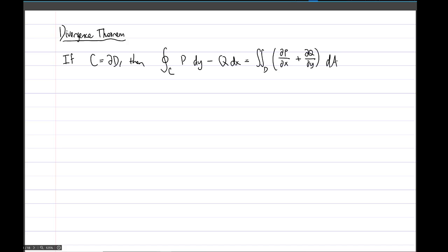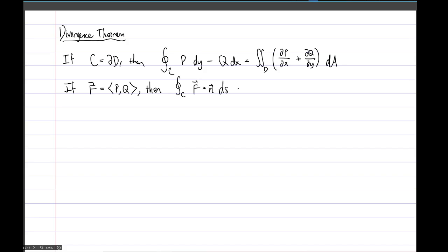Okay, so from one version of Green's theorem we can get this other version, and if F happens to be a two-dimensional vector field with components capital P and capital Q, then the integral right above here can just be rewritten as a line integral over the curve C, let's draw that C a little bit larger, of the vector field dotted with n ds.